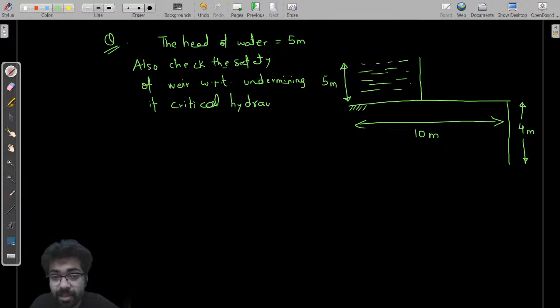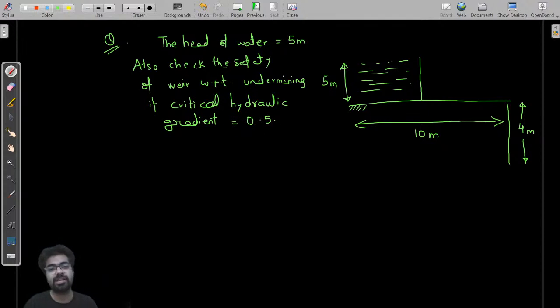Critical means if you reach this critical gradient value, then everything will collapse. We will check the safety also.